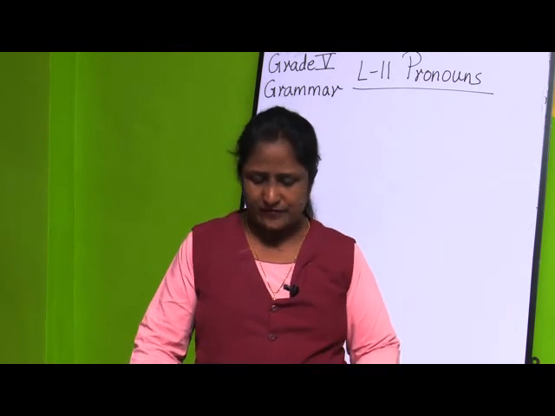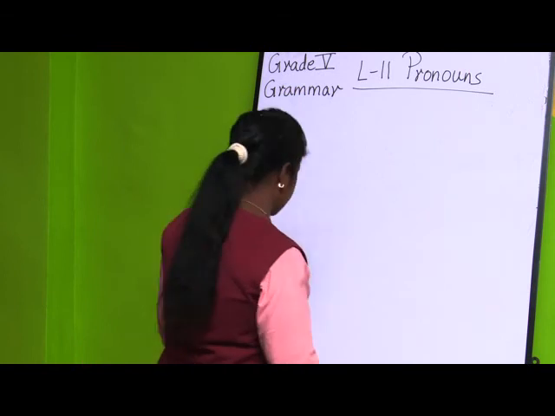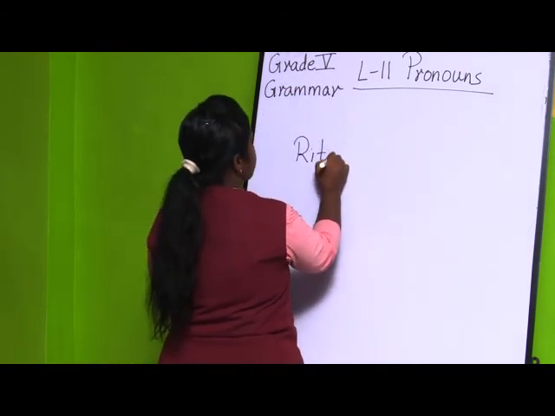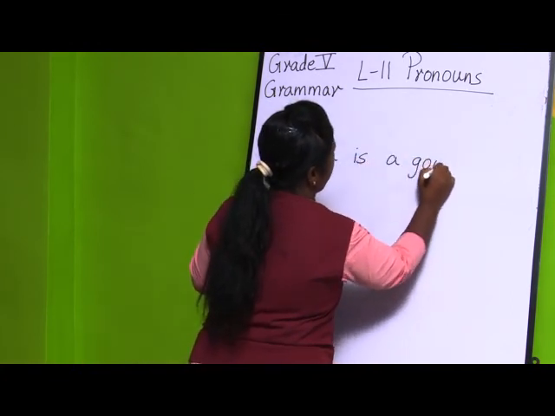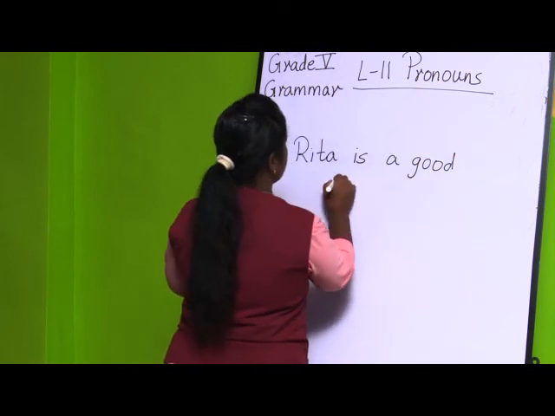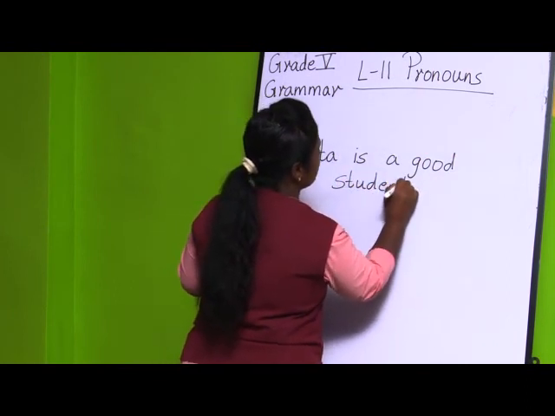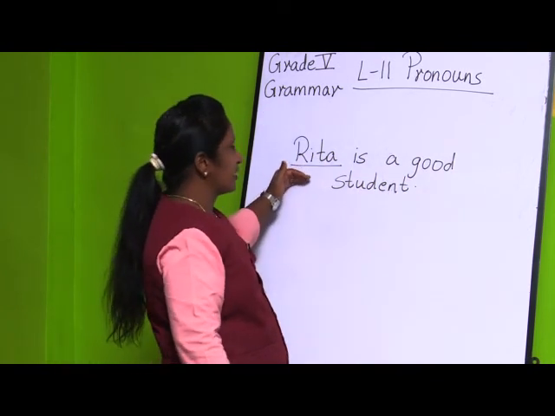Suppose I give one sentence like this: Rita is a good student. Here, Rita is a noun, and she is a girl.